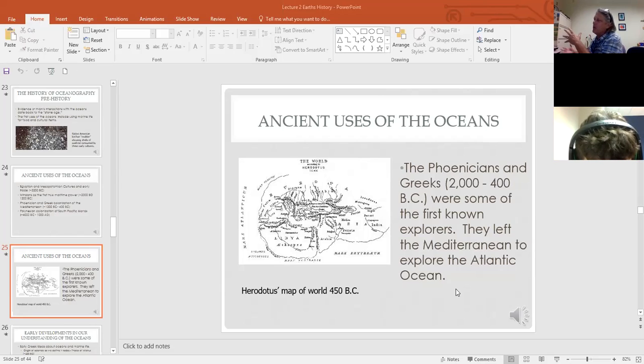You can see it's not the whole world, but there are parts of Europe, Africa and Asia, and the Mediterranean Sea. Then you have Mar, which means ocean, Atlanticum, the Atlantic Ocean. Down here, what we now know as the Indian Ocean was not called that then; there's India right there. So if you were an ancient Greek or living in the Nile area, this is what you knew of the world back in 450 BC.